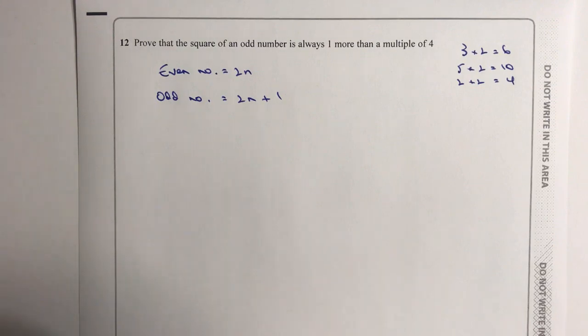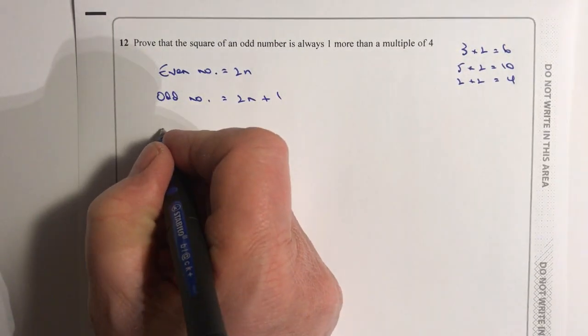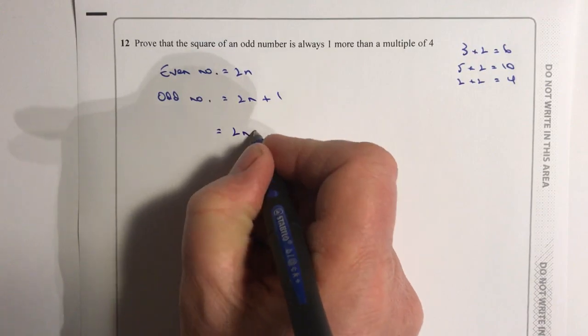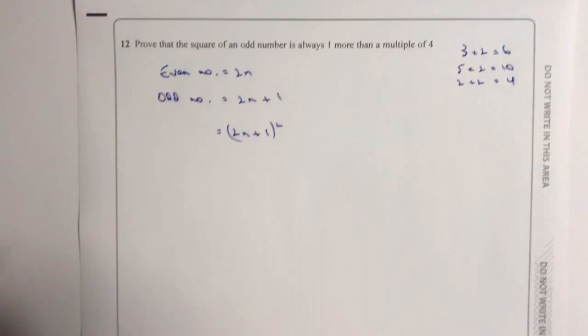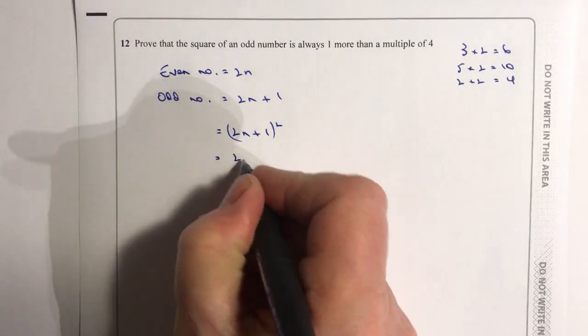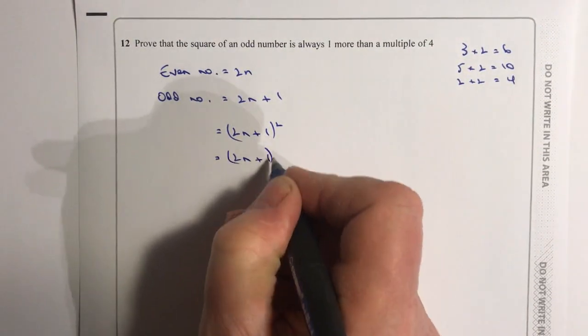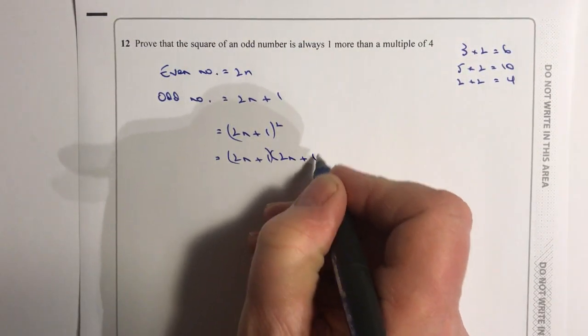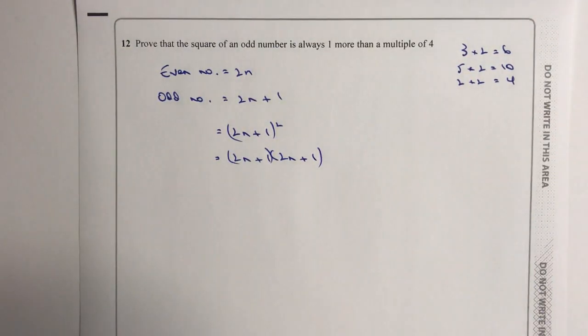Okay, so if I've got an odd number of 2n plus 1, if I'm going to square it, I'm going to write it as (2n plus 1) squared, which is exactly the same as saying (2n plus 1) multiplied by (2n plus 1). Okay, so let's work that out now.